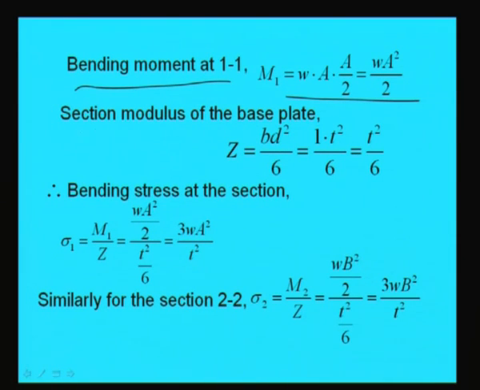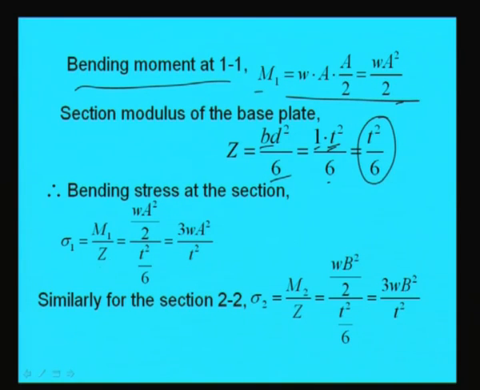Now, the section modulus will become B D square by 6. Here B is nothing but a unit value, right. So, 1 into T square by 6, T is the thickness of the base plate as we said, that means T square by 6. So, the section modulus is T square by 6 and the moment developing is W a square by 2.